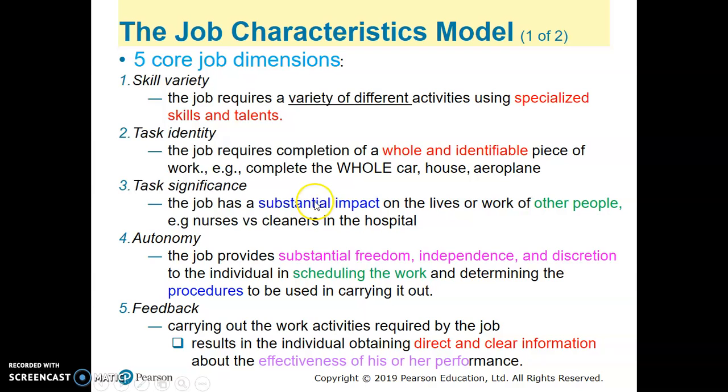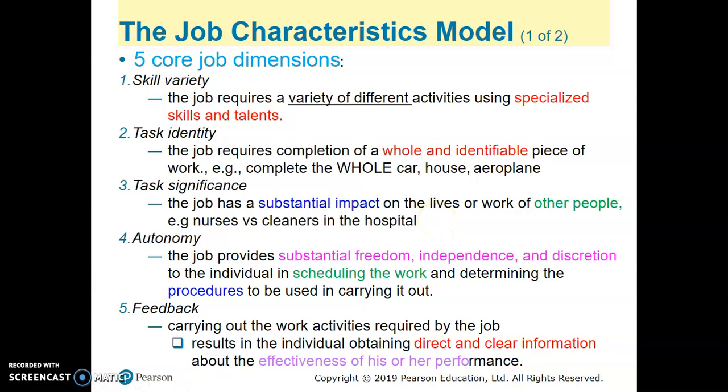Next is task significance. Employees will tend to put in more effort if they know that the impact of performing the task contributes tremendously to the life of society or to the life of people.